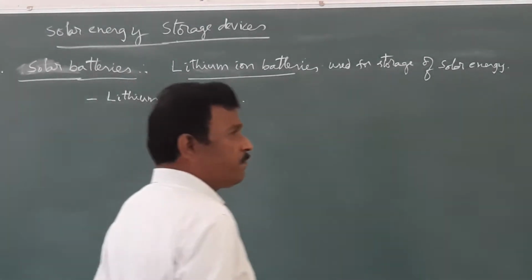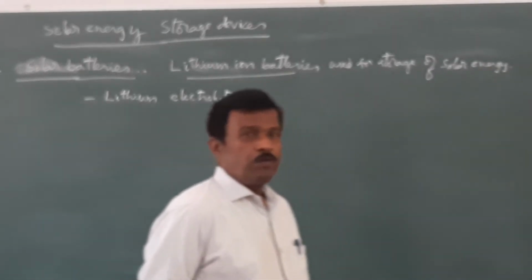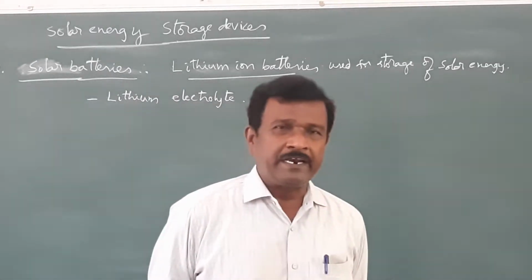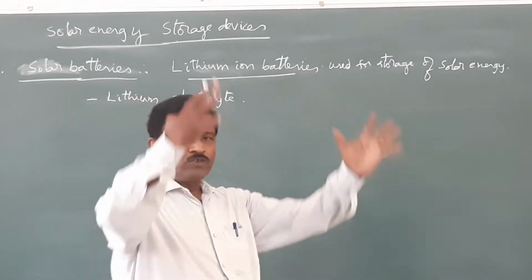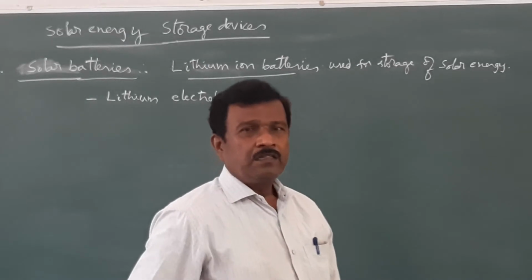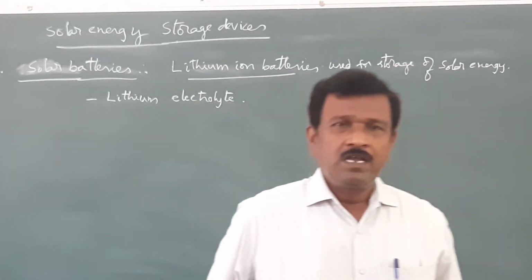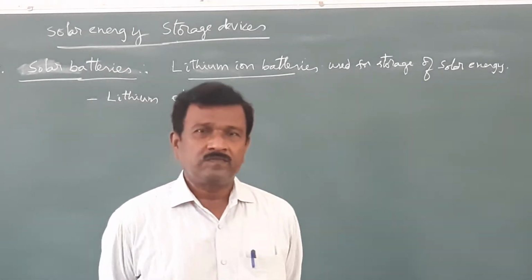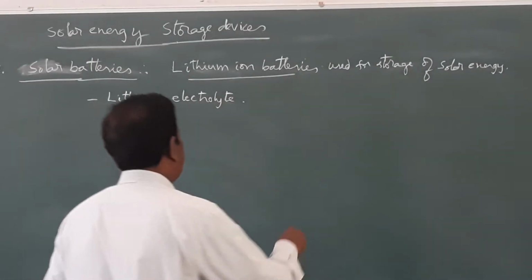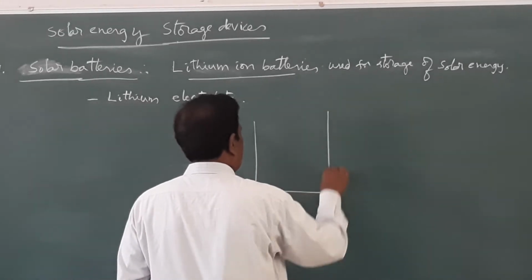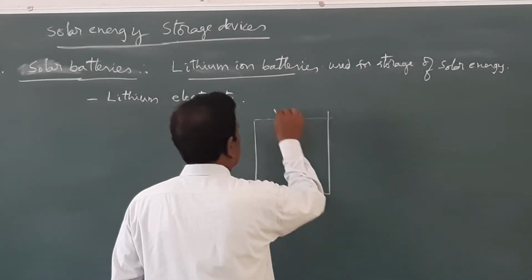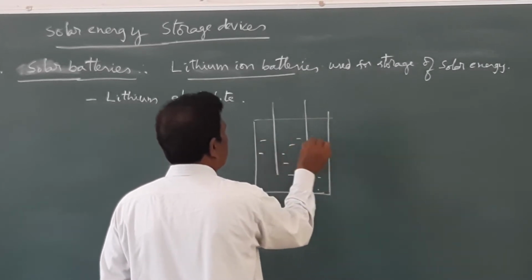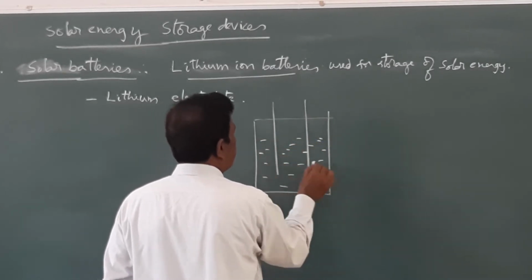In the lithium ion batteries, when the solar energy is received by the battery, actually the solar energy is collected by the solar panels. Those panels will supply energy to the batteries. In the battery, this is the electrolyte that consists of lithium atoms.